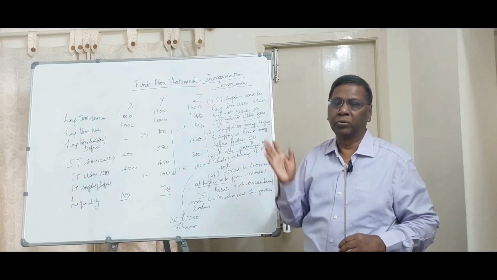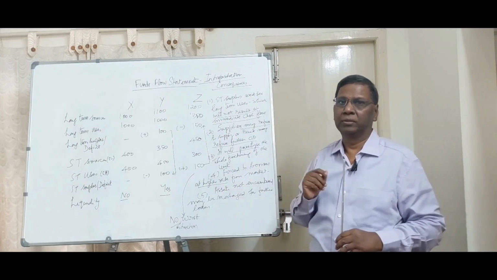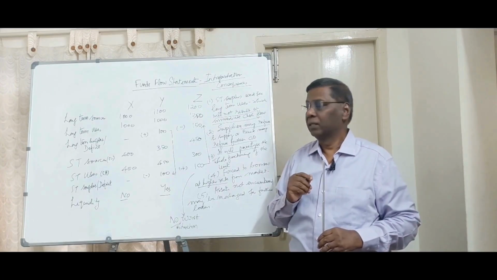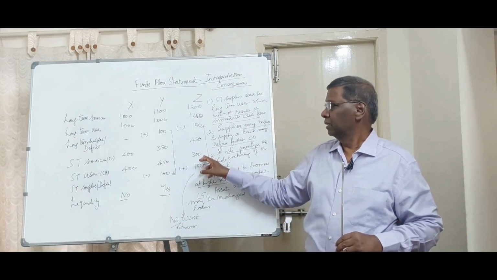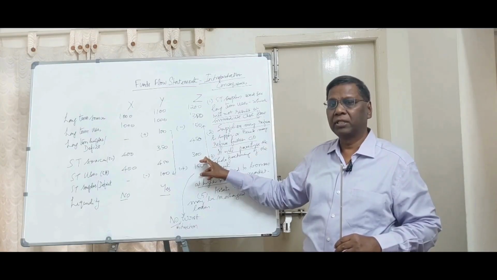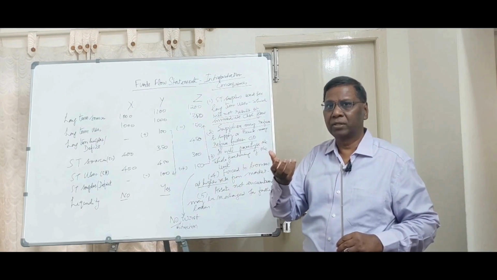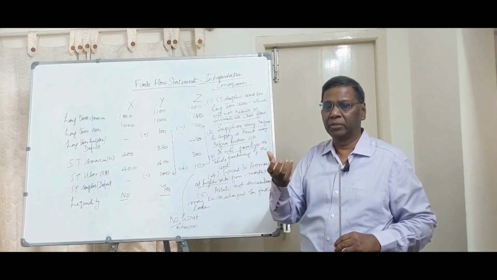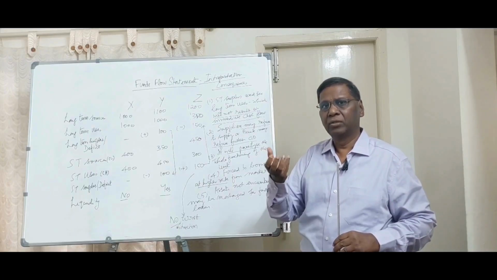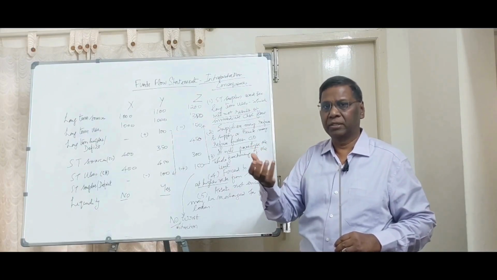That should not be allowed. You got the point? So this liquidity is affected because what is liquidity? The ability to generate cash to meet short-term obligations, the ability to create cash to meet short-term liabilities.